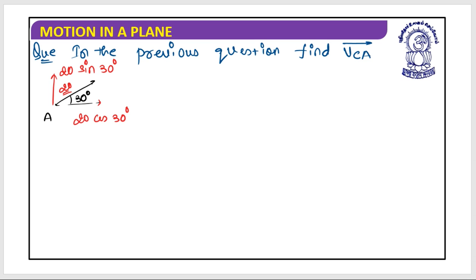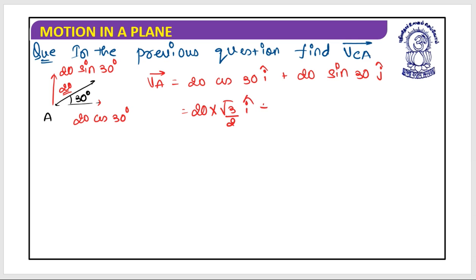So vector A would be 20 cos 30 i cap plus 20 sine 30 j cap. When I solve this, it's 20 multiplied by root 3 by 2 i cap plus 20 into half j cap.